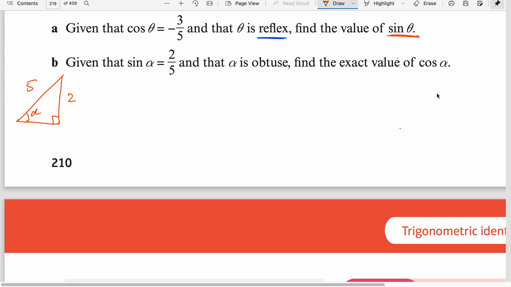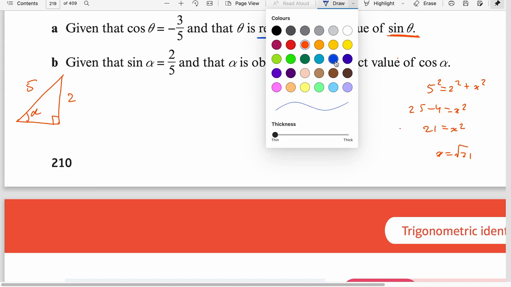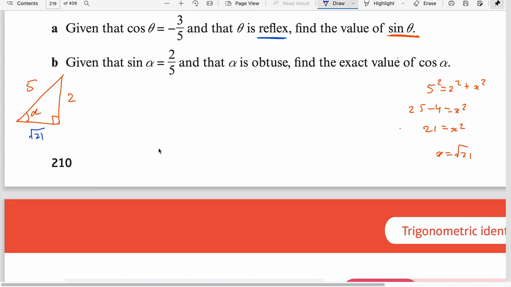To get the third side, hypotenuse squared is equal to base squared plus unknown squared. So 25 minus 4 is equal to x squared. 21 is equal to x squared, and x is equal to square root 21. So do we agree the third side is square root 21? So this is my basic triangle. I'll be using it at all times.